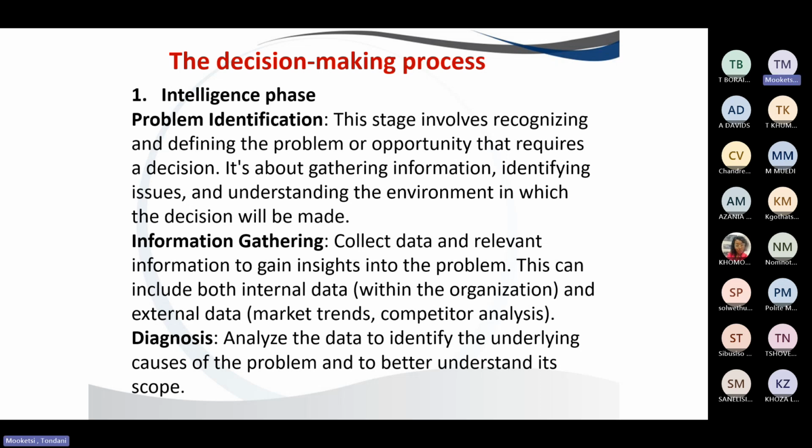Then you can analyze the data to identify the underlying causes of the problem and better understand the scope of the problem. So this is what needs to happen in the intelligence phase.